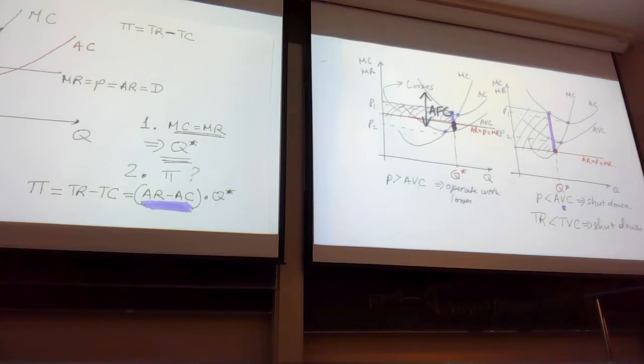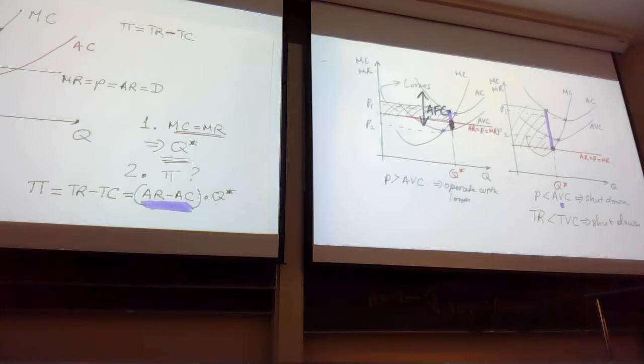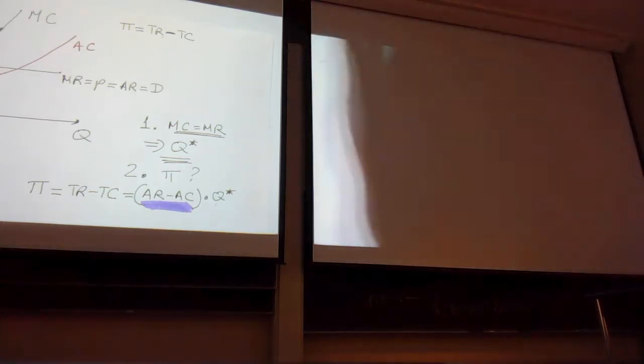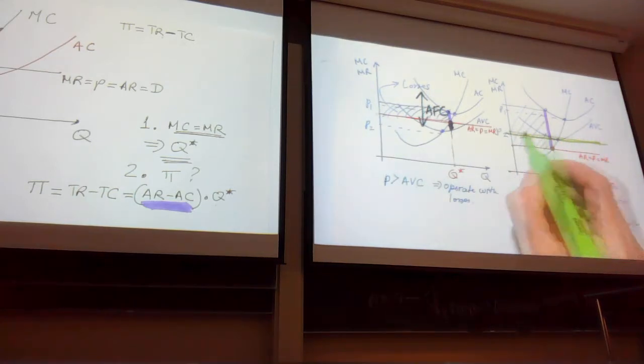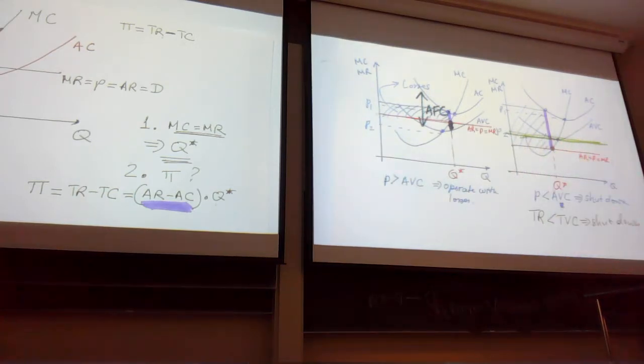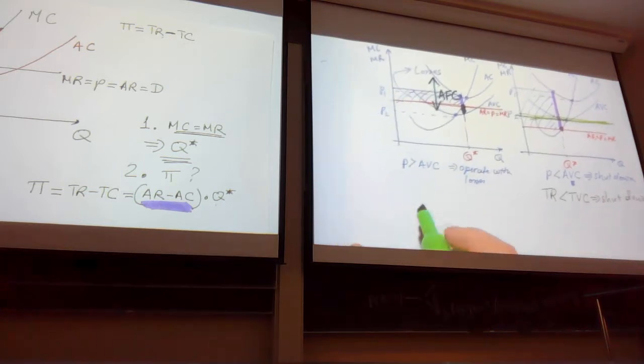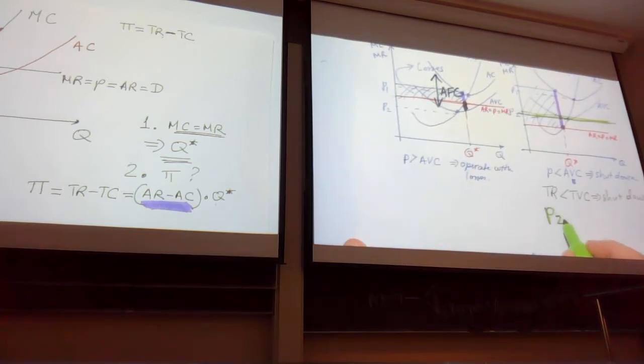You're going to shut down if your price is how low? P2. If the price is at P2, this is when you would shut down. Therefore, P2 is your shutdown price. For any price lower than P2, you would shut down.